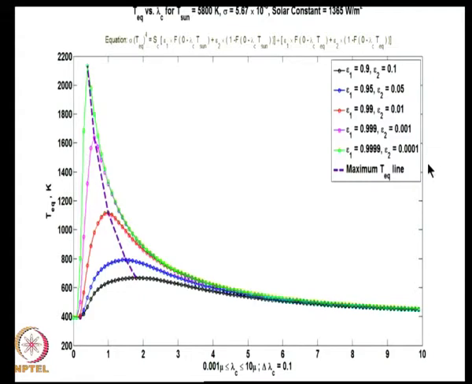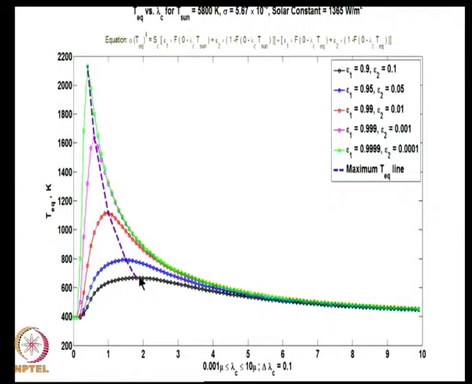You realize you cannot make it exactly 0, because if the emissivity of the surface is exactly 0, then it cannot have a steady state temperature, because then it cannot get rid of the heat, and so whatever heat is absorbed cannot be lost. So, temperature will go on increasing. So, you have to keep this non-zero. So, you keep a very low value, and you can see the lower the value, the higher the temperature.